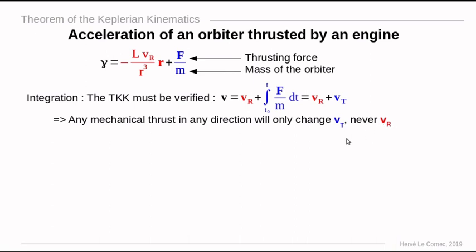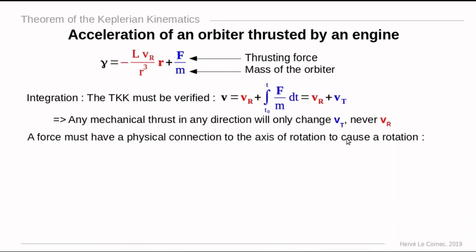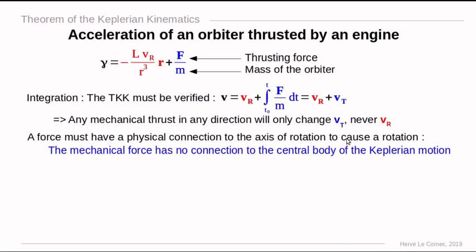And actually, this is quite logical, because a force must have a physical connection to the axis of rotation to cause a rotation. But the mechanical force has no connection to the central body of the Keplerian motion.